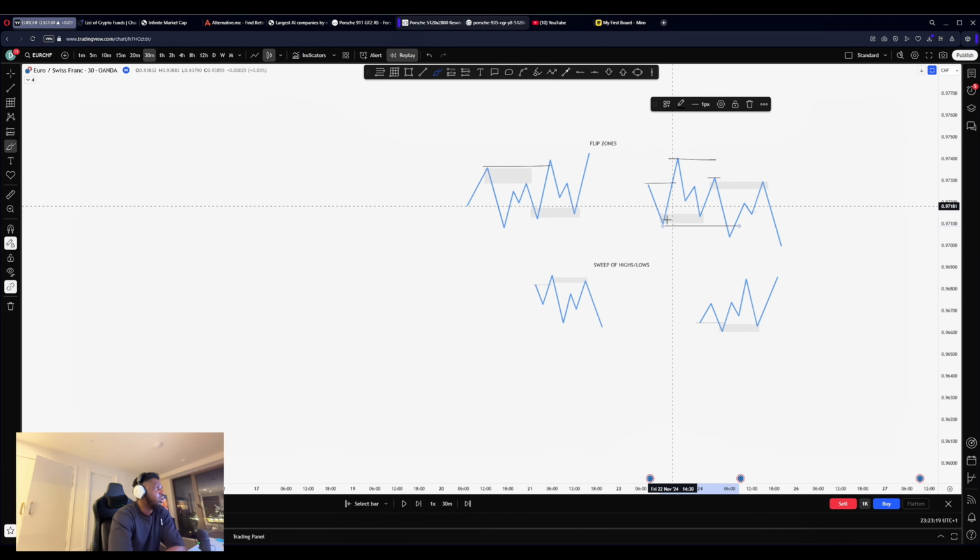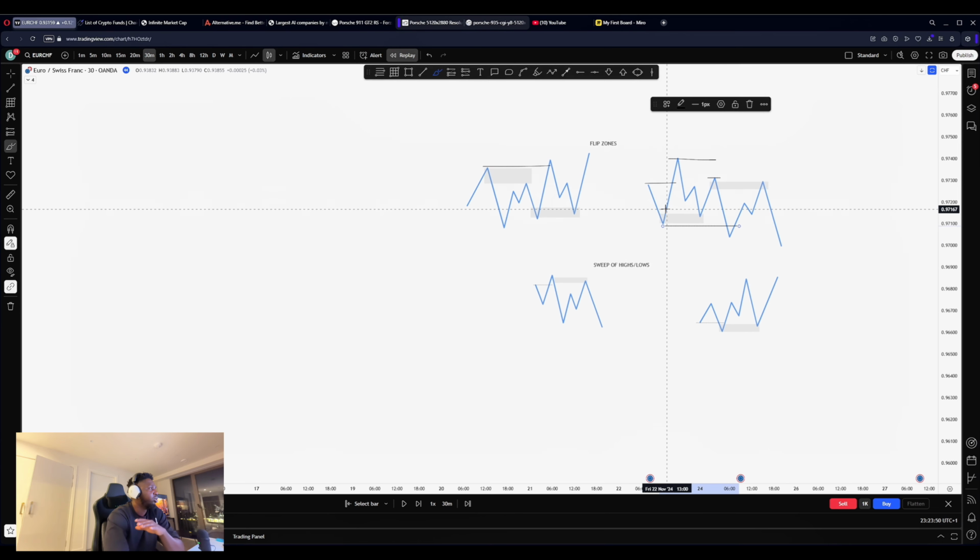So this means we had a reaction from this order block, failed to break a high, then broke a low, and this is a new break of market structure. So this already creates another order block here that the market comes back to tap into.